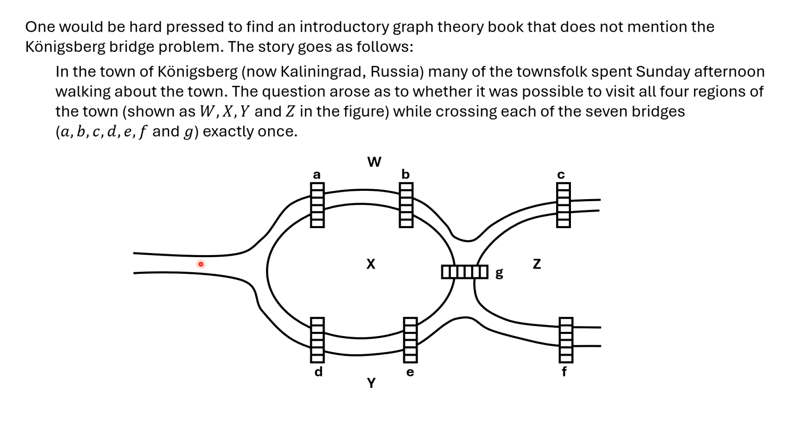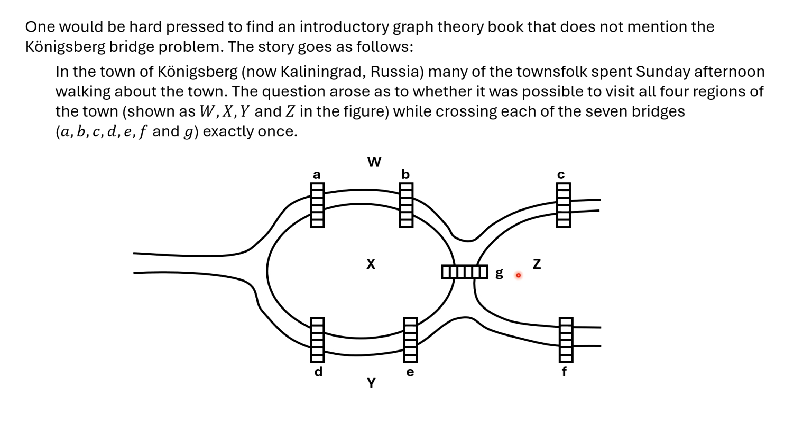So this in white here is a river going through the town of Königsberg, which is now Kaliningrad in Russia, and you have these bridges here. So there's 7 bridges, and the idea was to start on one bridge and go through all the bridges without going over any of the bridges more than once. So that was the task.